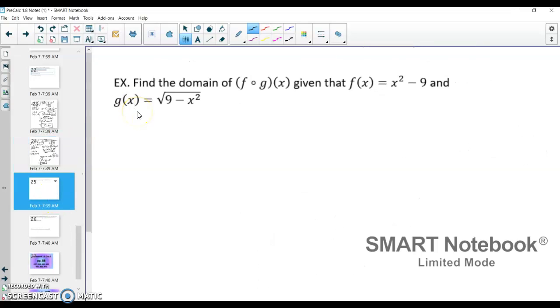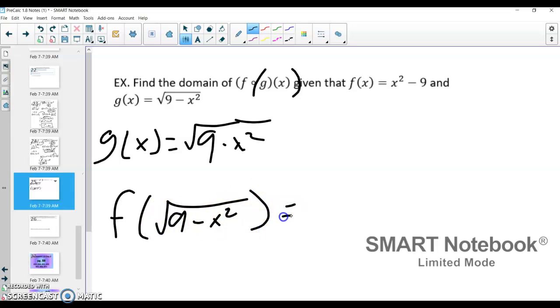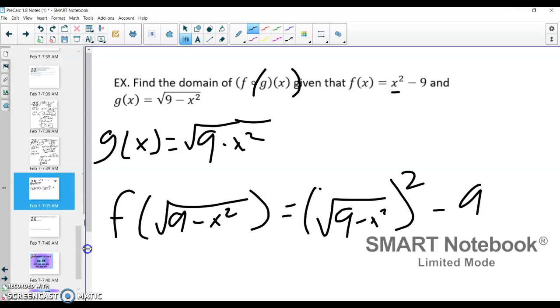Okay. Again, this is a similar problem, to find the domain, however, now. And so g of x, whatever g of x is, what we're going to build f off of. And g of x is the square root of 9 minus x squared. So it's going to be f of the square root of 9 minus x squared, which equals, after I replace my x here, the square root of 9 minus x squared, that whole quantity squared, minus 9.